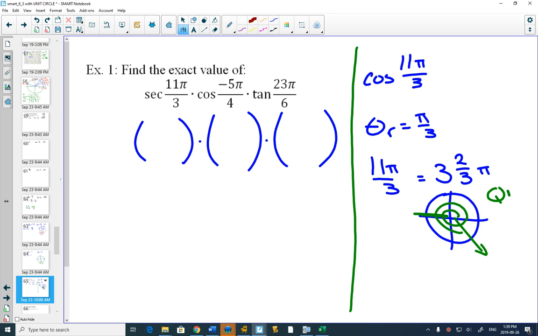This is going to end in quadrant 4. Is cos positive or negative in quadrant 4? Positive. So now, because I know the quadrant and the reference angle, I can say that cos of 11 pi over 3 is 1/2. In this first bracket, for secant 11 pi over 3, I can write 2 over 1.